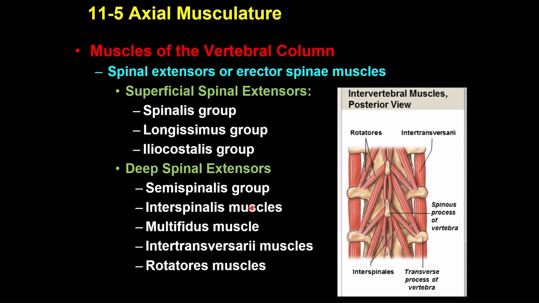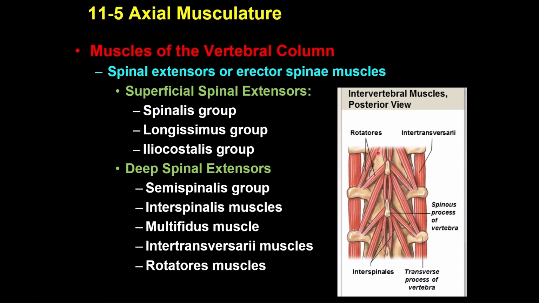Then you have the three smaller muscles that I can show you in this image. One is called the interspinalis muscle, this one. Contraction of this muscle causes extension of the spine.